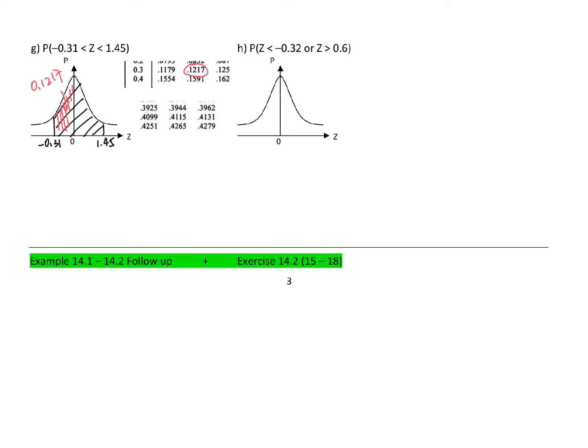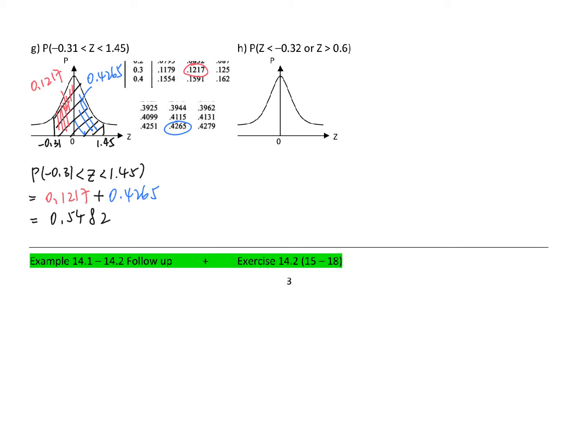If I check the table, I will have this number, which means that this part is 0.4265. So I think the answer should be easy. You just add them up. If you press the calculator, you will get the answer 0.5482. So this is part G.